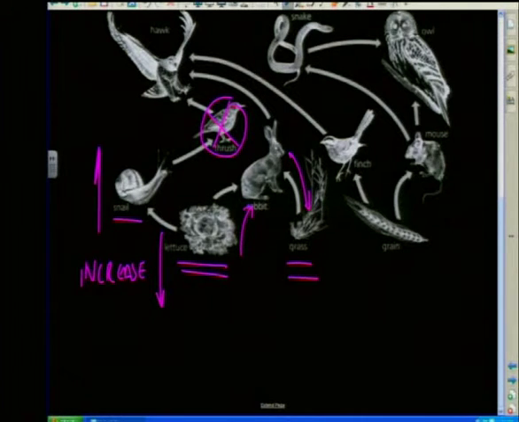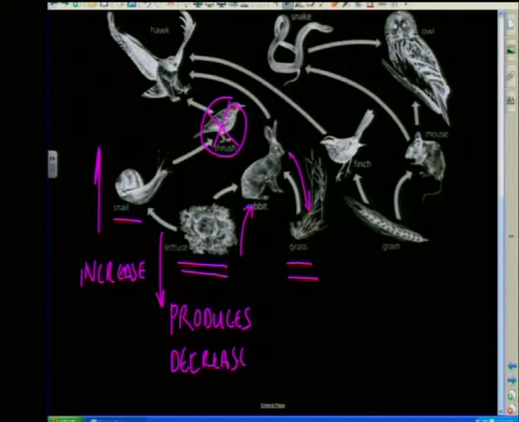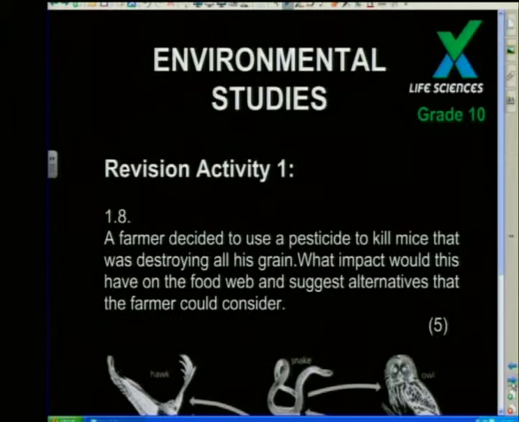The lettuce, or the producers, would decrease. And why? Because there are too many snails, and they need to sustain their energy requirements, so they'd destroy most of the lettuce available, and that in turn would affect other organisms.